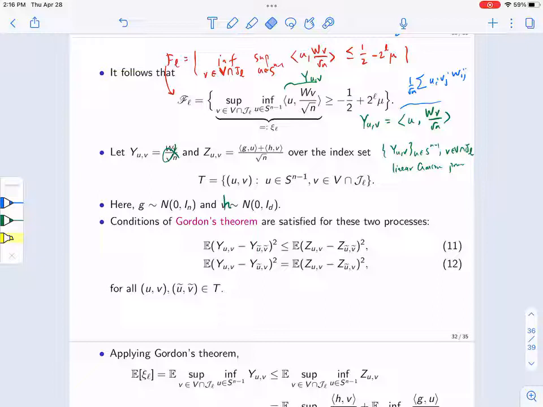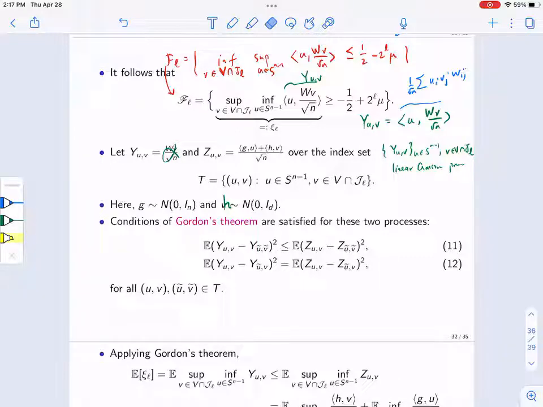I'll let you verify this, hopefully as a homework problem. The Z that we take is the simple process where you have this decoupling. You take g and h to be standard normal, and then define this process. You can see this is simpler than this because it has two separate independent vectors, rather than combining every element of the matrix.